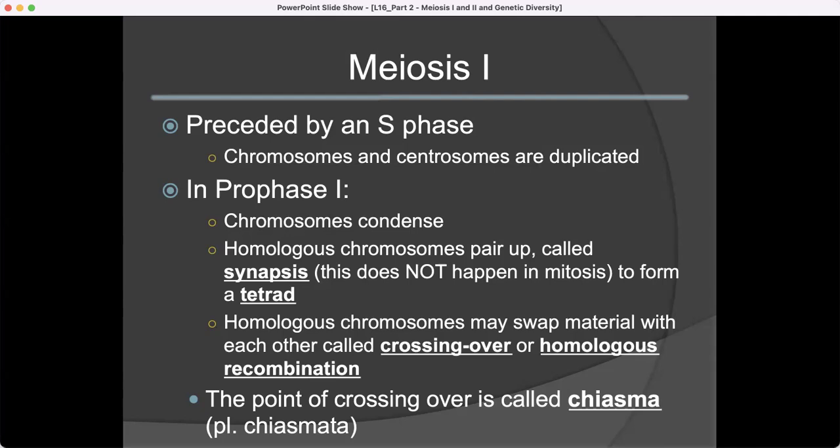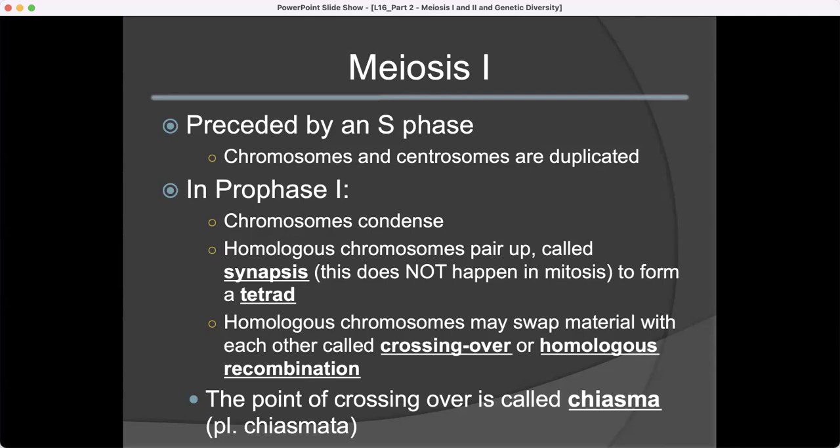Tetrad refers to the fact that there are 4 chromatids in a tetrad. That means that our dad's original copy and mom's original copy for chromosome 1 forms a tetrad. We would also have a tetrad forming for chromosome 2, which means that for chromosome 2, my dad's original copy and mom's original copy are also going to be held in close association. And this will happen to all of the chromosomes within the genome.